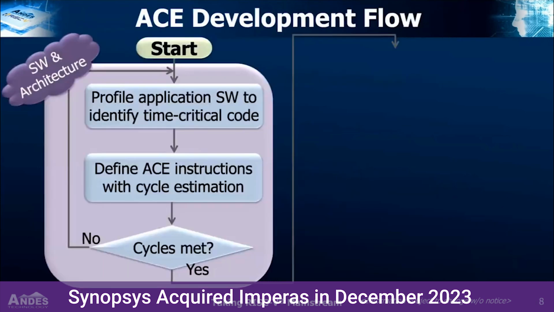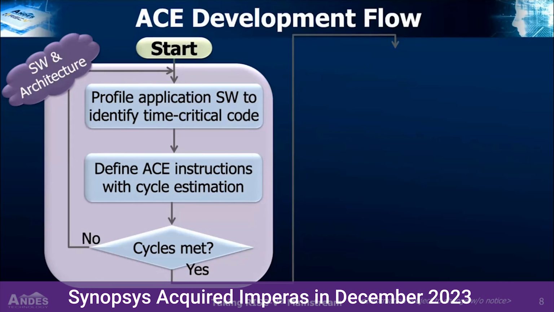So how do you develop it? Well, in the software architecture phase, the easiest way is to write your code in pure RISC-V instruction set. Once that's done and functionality verified, you profile it to identify time-critical sections, or I used to use the word subroutines, time-critical subroutines where you're spending a lot of time.